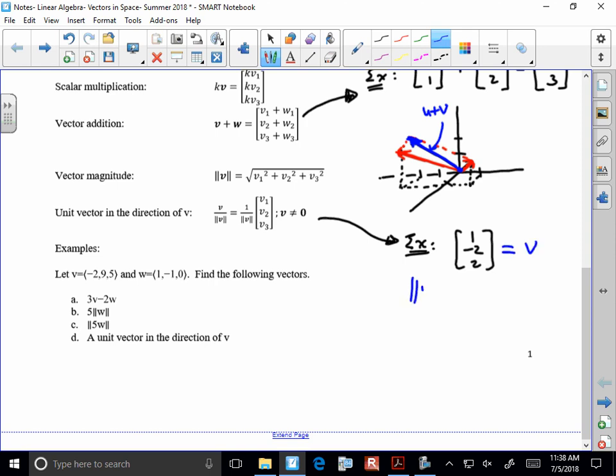The magnitude of v is the square root of the squared components. 4 plus 4 is 8, plus 1 is 9. So 3. Oh, that's exciting. Just made up one off the top of my head and it ended up being nice.